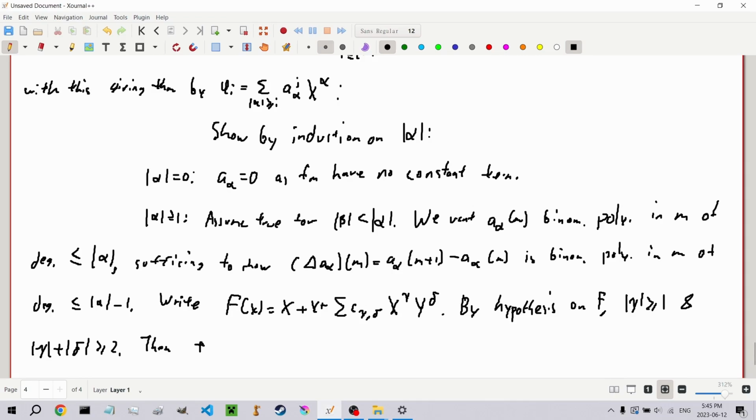Then we can write f^(m+1) of x to be x plus f^m of x plus the sum of our coefficients over gamma and delta, x^gamma, and this time we substitute y, not just x, but here we feed in our f^m of x to the delta.